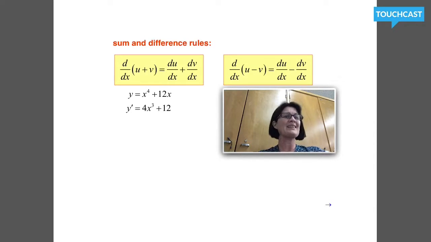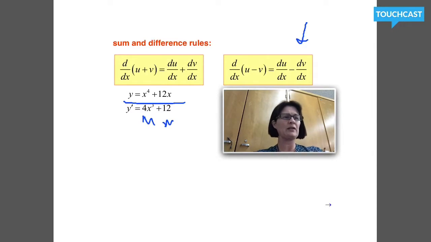So if y is x to the fourth plus 12x, then y prime, or dy dx, is equal to 4x cubed plus 12. So the derivative of a sum is equal to the sum of the two derivatives. That works if you have subtraction too. The derivative of a difference is the same as the difference of the two derivatives.